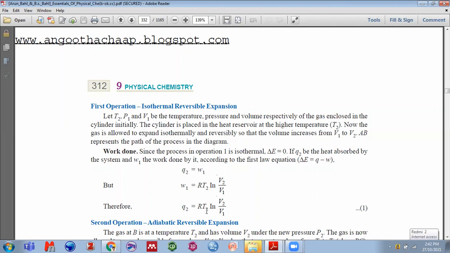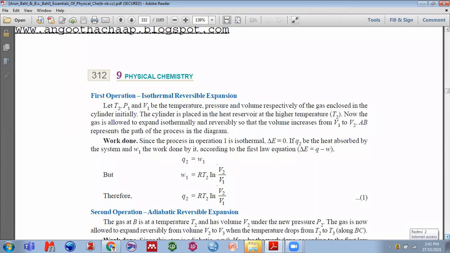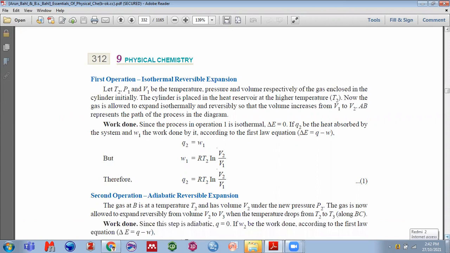Therefore, Q2 equal to RT2 ln V2 by V1. फर्स्ट स्टेप जो है आइसोथर्मल रिवर्सिबल एक्सपेंशन है। In isothermal cases, that is delta E equal to 0. That means heat absorbed equal to work done. This is denoted by equation 1.